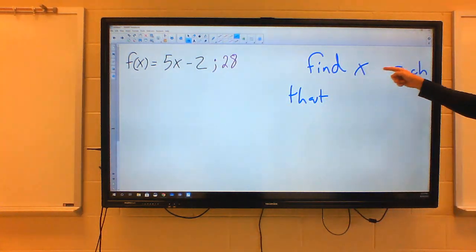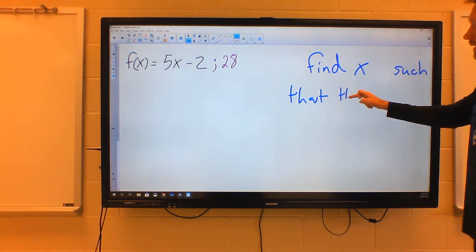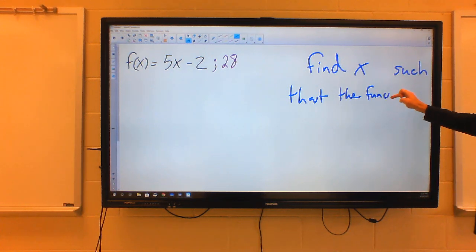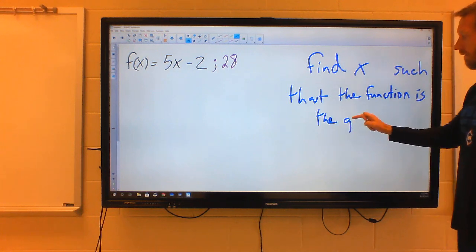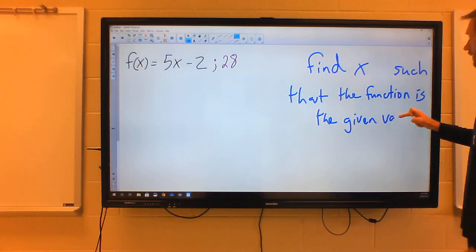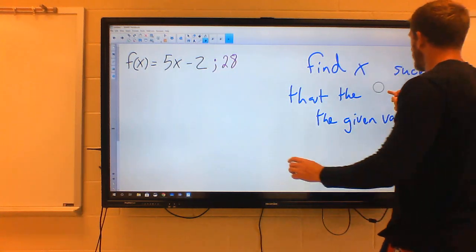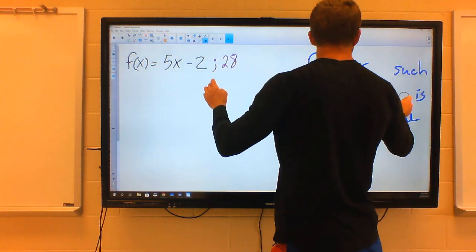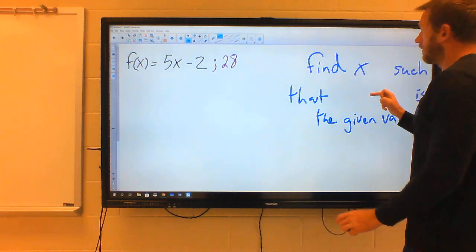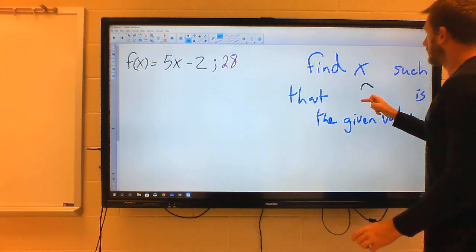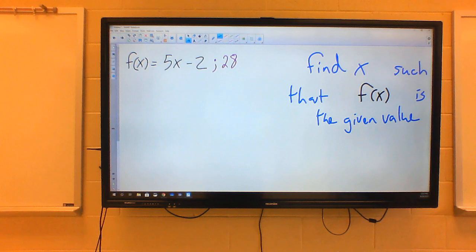It says, find x such that the function is the given value. Or it might not even say the function. It might say such that f of x is the given value.